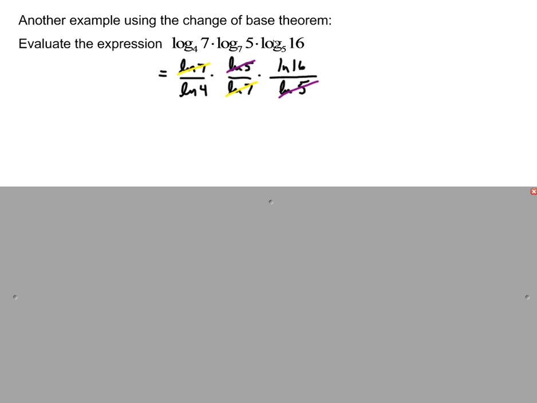And looking at what this means, I've got 1 divided by the natural log of 4 times the natural log of 16 over 1. And by our multiplication rules for fractions, I'm going to have the natural log of 16 divided by the natural log of 4. And you might be thinking to yourself, okay, so I'll just get my calculator out and evaluate the logarithm of 16 and divide it by the logarithm of 4.